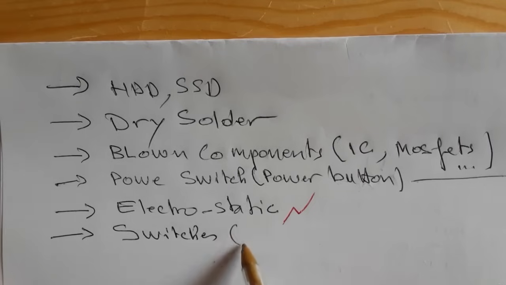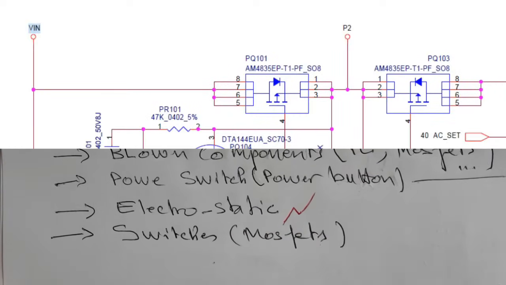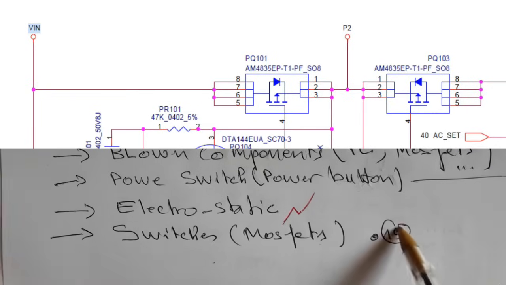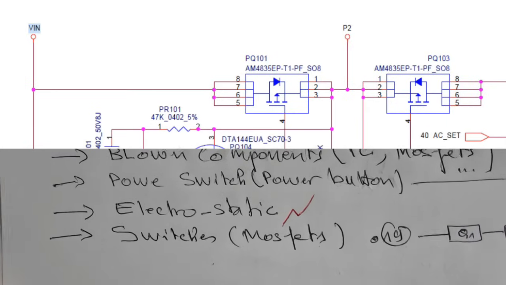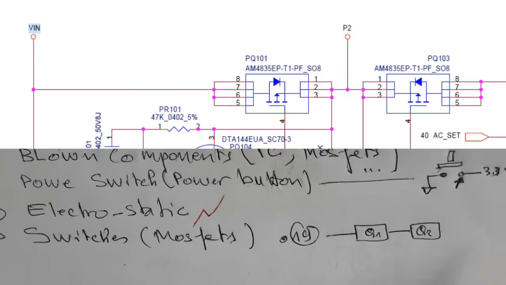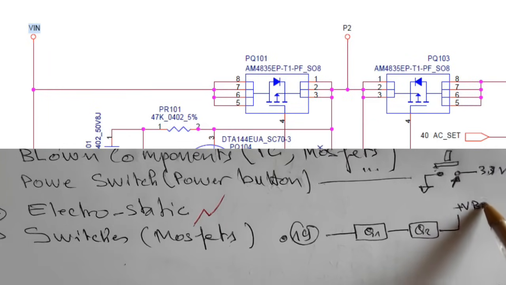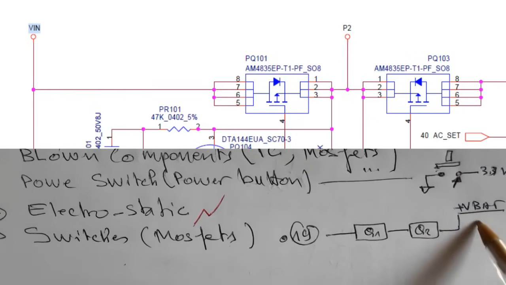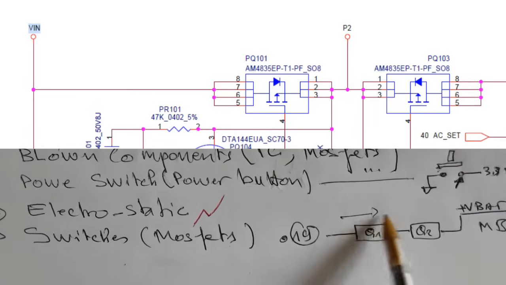So the next failure is the switches or MOSFETs, as I told you before. You will always find the MOSFETs, or as we call them, switches, near the power jack. So let's assume, for example, here we have the power jack with 19 volts, and we have two MOSFETs or switches to get the plus VBAT, or the main power, for the motherboard.